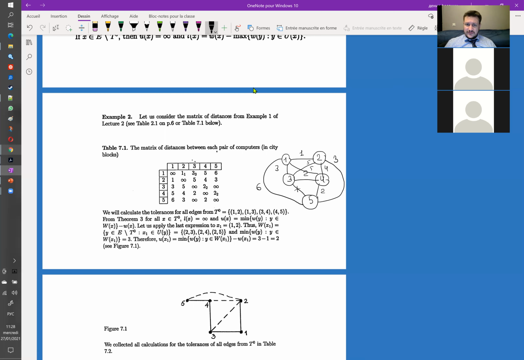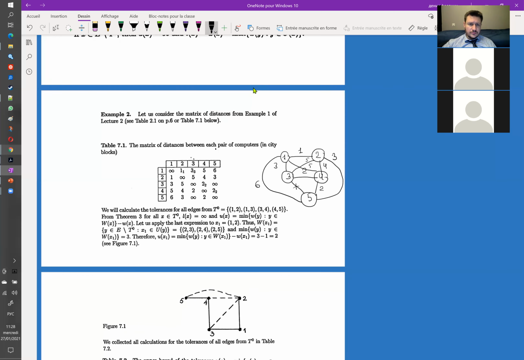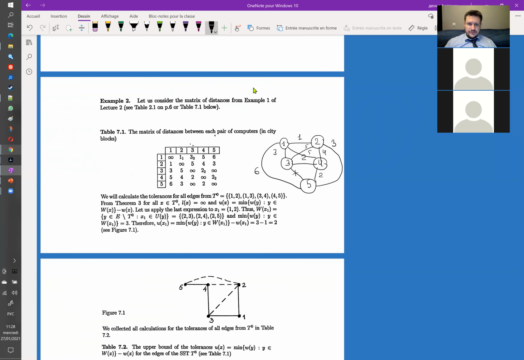As you can see, it's not the same because from 1 we don't have an edge with length 2 to another city. So there's only length 1, 3, 5, and 6. And we want to check a tolerance. We will calculate the tolerances for all edges in the solution.